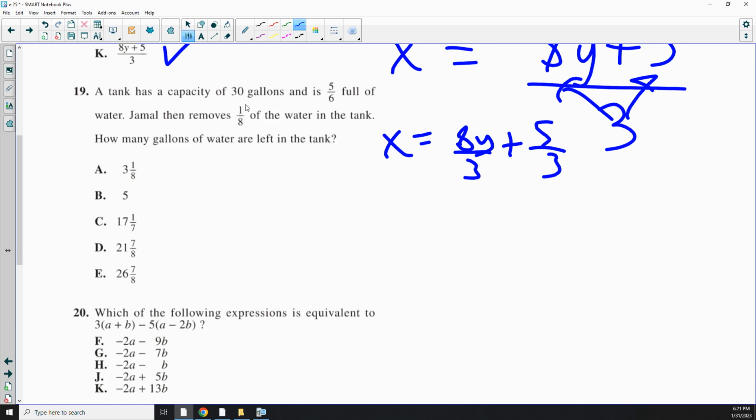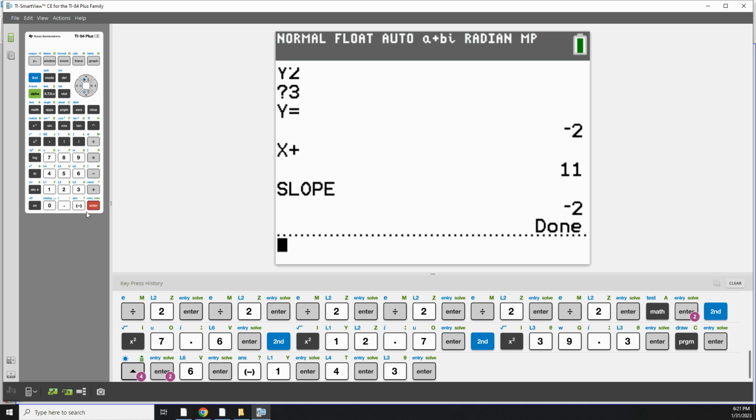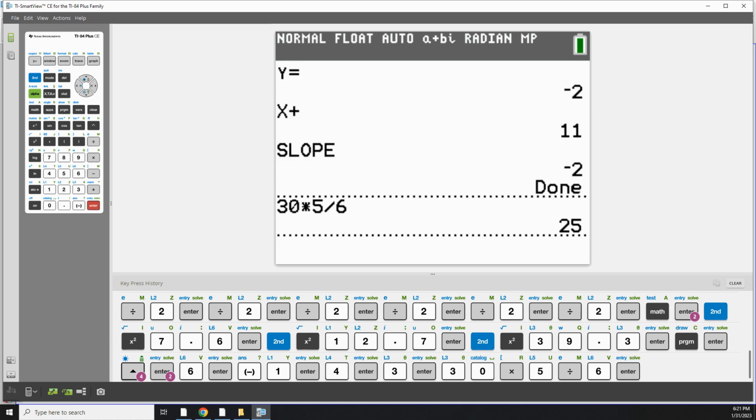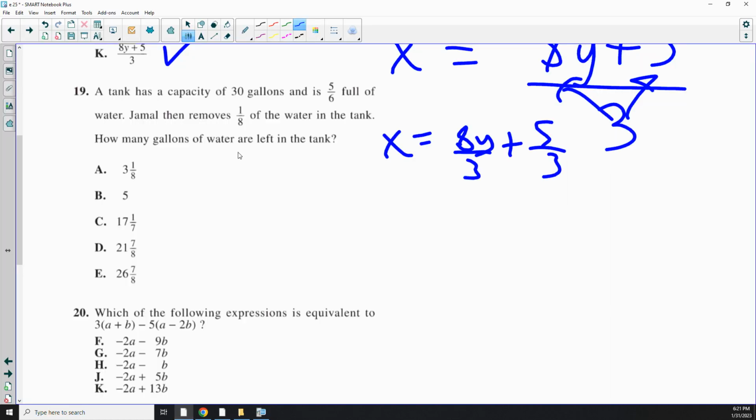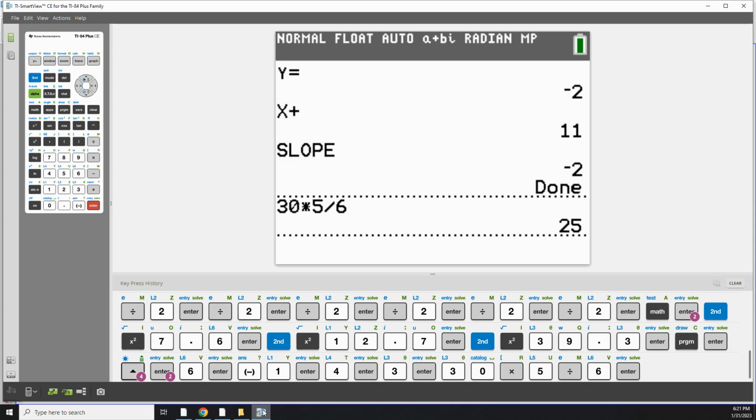So a capacity of 30 is 5/6 full. So I'm going to multiply the 30 times 5/6. And that gives 25. Now what happens is he removes 1/8 of the water. So if we remove 1/8, that means we times it by 1/8 and subtract that number.